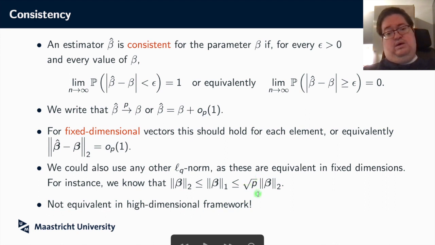So having my L2 norm go to 0 does not mean my L1 norm also goes to 0, because we would need square root p times the L2 norm to go to 0 for the L1 norm to also go to 0. So that's already one of the complications we face: it matters which norm we take. Consistency in the L1 norm is stronger than consistency in the L2 norm.